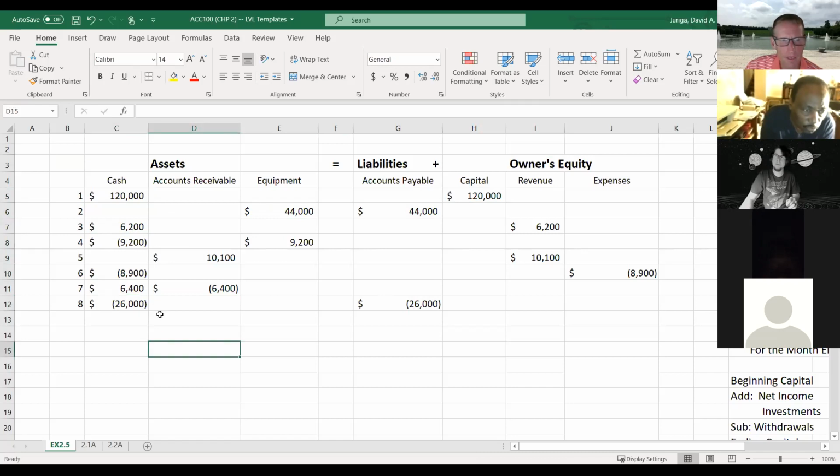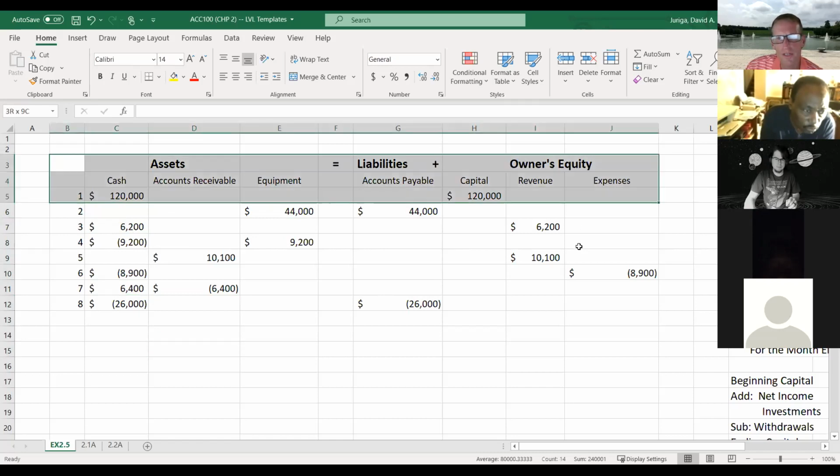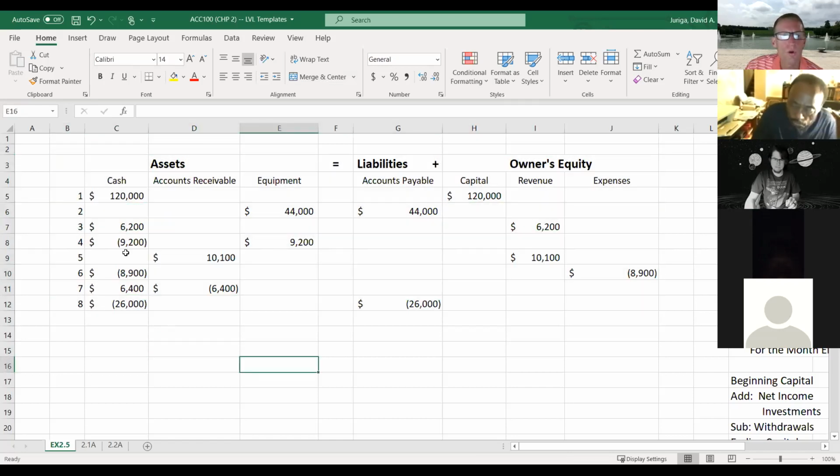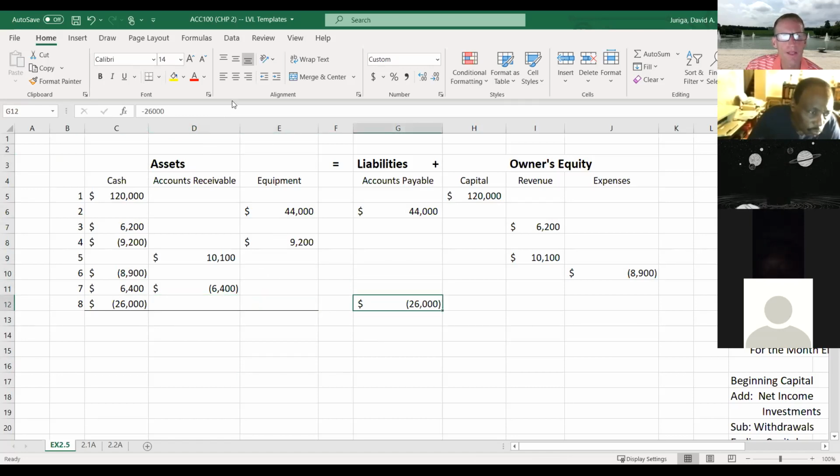All right. So if this was our equation and this was our analysis of our business, what I'm going to do right now is add up all these columns. I want to show you that if we stopped right here, does our equation balance?